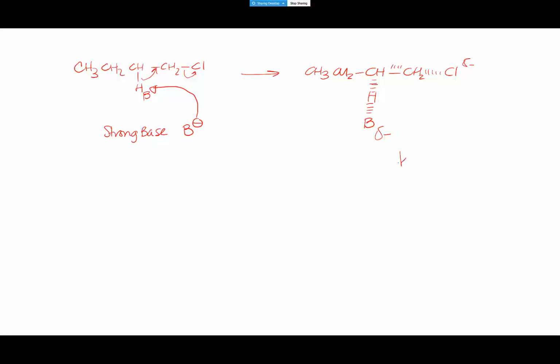So in the end, I'm going to get a BH plus 1-butene plus my Cl minus.